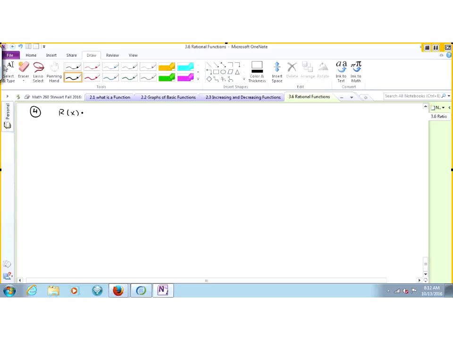R of x is equal to x squared minus 2x plus 1 divided by x squared plus 2x plus 1. Alright. So this is factorable, I guess. What is this? x minus 1 squared, x minus 1, x minus 1 divided by x plus 1 times x plus 1.